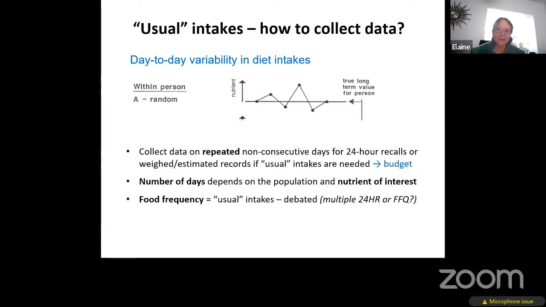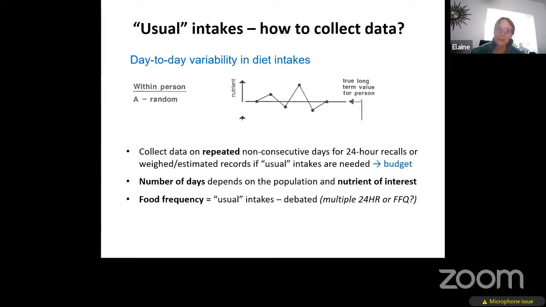To do that, when we're trying to estimate nutrient intakes, we'd be collecting repeat intakes. For example, we could be doing a 24-hour diet recall over multiple non-consecutive days, or weighed food records or estimated records if usual intakes are needed.